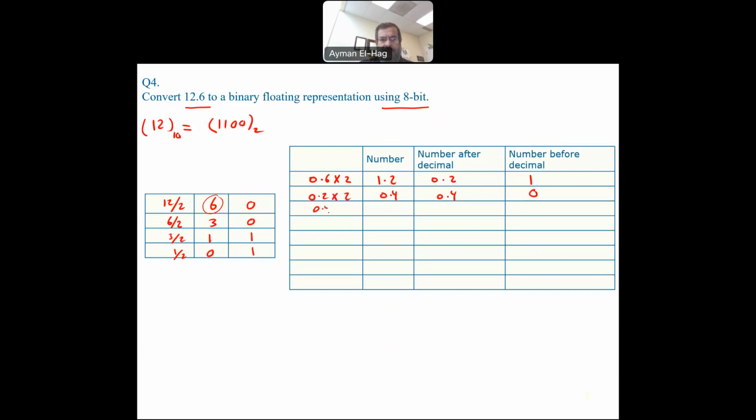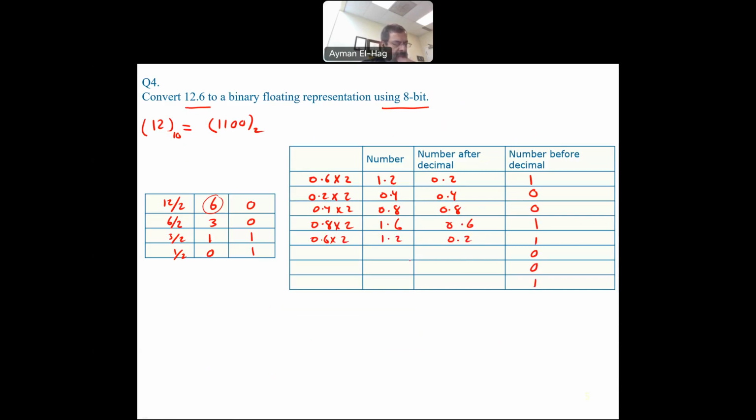Then 0.4 times 2 is 0.8, and 0. Take the 0.8 times 2, it is 1.6, so here it's 0.6 and 1. And then take the 0.6 times 2, which is 1.2, here it is 0.2 and 1. And you see now it starts to repeat itself, same as the previous question.